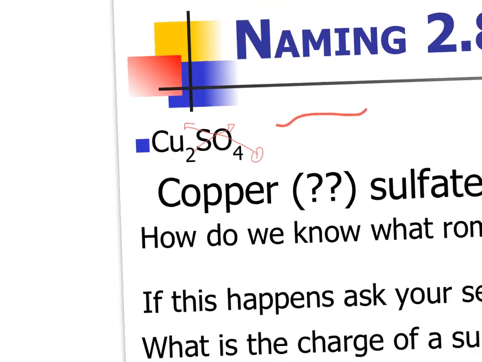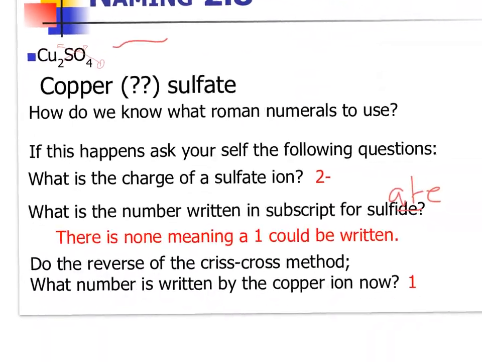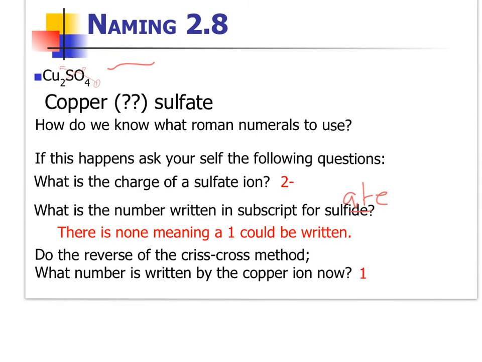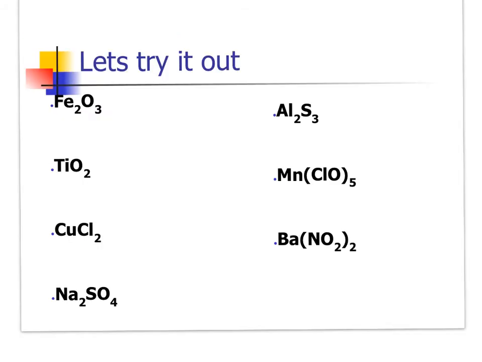When we do it that way, we would see that we have copper 1 sulfate. A lot of this comes, best way to do this is by trial and error. So let's try some out.